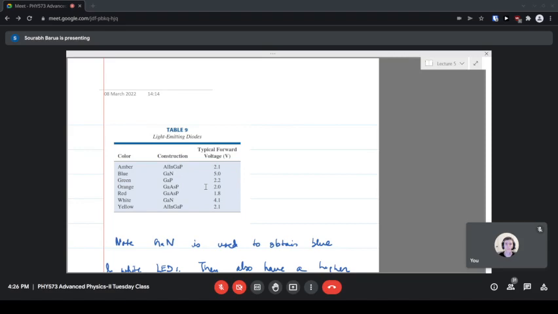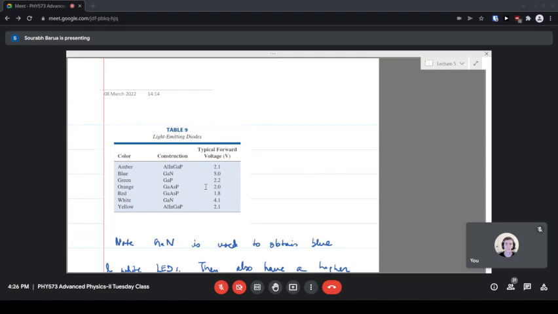If you increase the current, the light intensity increases linearly, but then it will also saturate after some time. Sir, sometimes the LED is completely damaged by putting high voltage. No, you cannot exceed the limit.